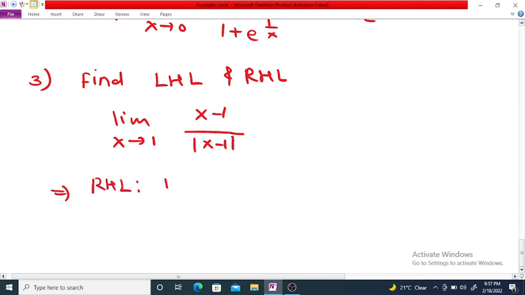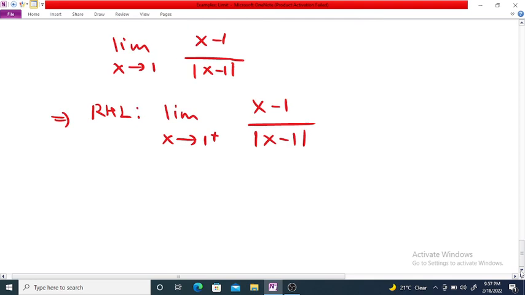Now limit x tends to 1 plus of x minus 1 divided by mod of x minus 1, say the right hand limit. Now here x tends to 1 but x is greater than 1. What is x tends to 1 plus? It means x is greater than 1.